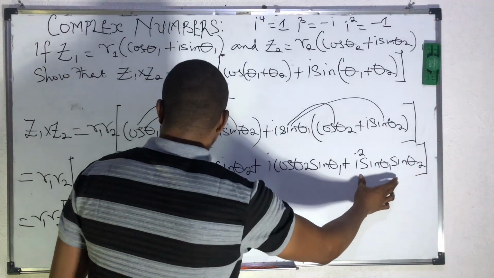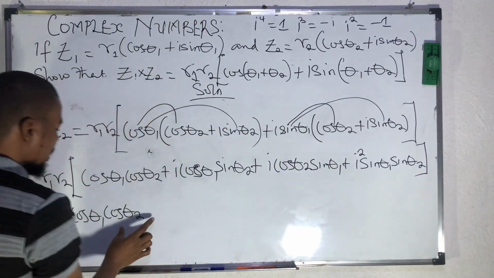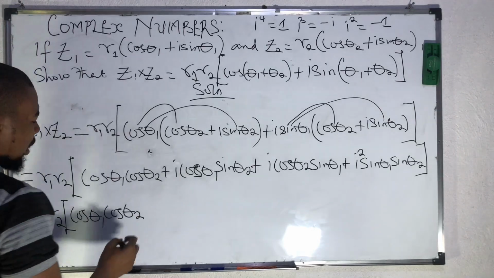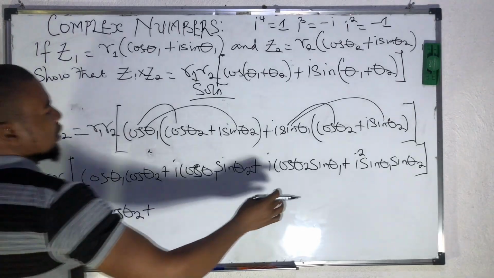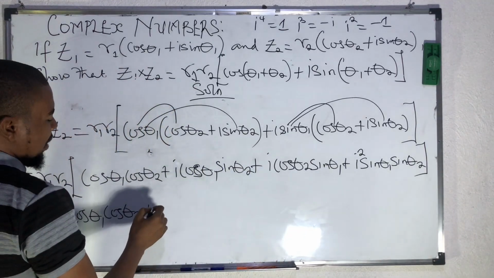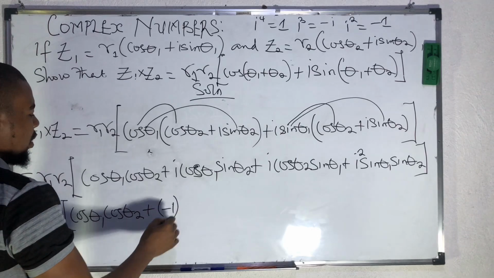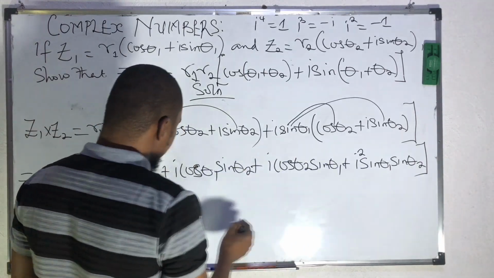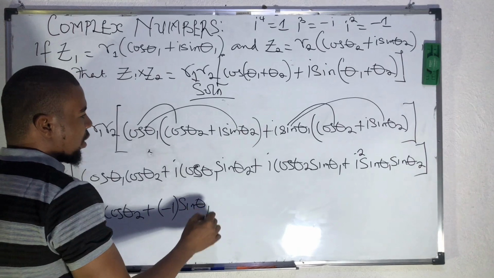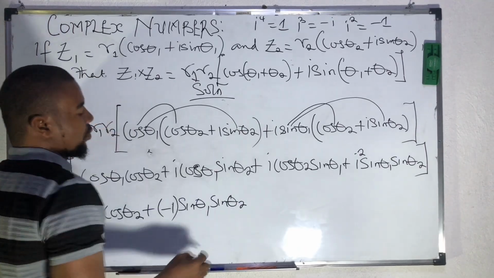I'm going to show you why I'm doing this. So let me bring the i sine theta 1 sine theta 2 to this place so that it's easy to simplify. We have plus. Remember that i squared simply means a negative 1. Therefore, we put a negative 1 here, multiplied by sine theta 1 sine theta 2.